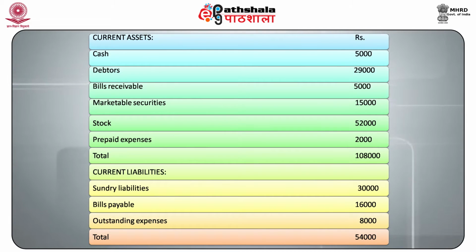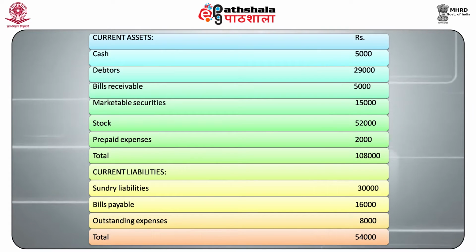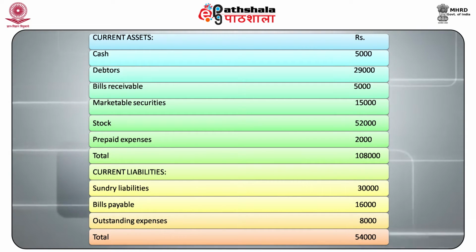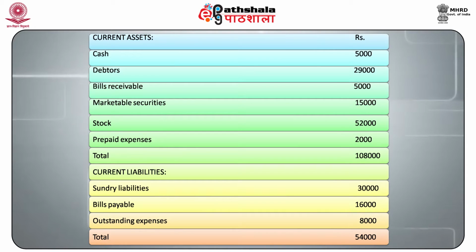The first example is XYZ Limited has furnished the following information regarding its current assets and current liabilities. The current assets are cash 5,000, debtors 29,000, bill receivables 5,000, marketable securities 15,000, stock 52,000, prepaid expenses 2,000.